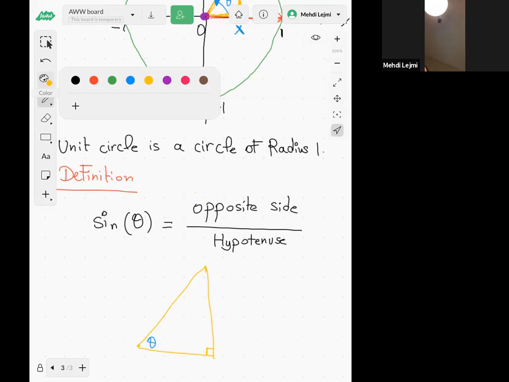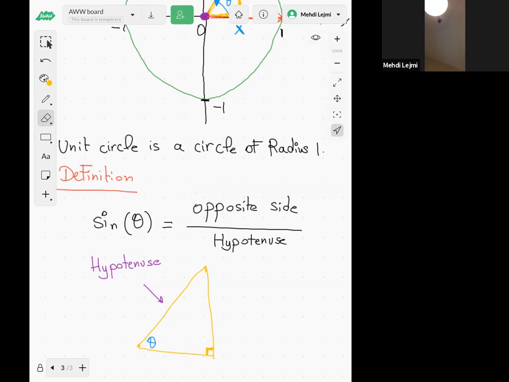This side here is the hypotenuse, the side opposite to the right angle, the 90 degrees. That's what I call the hypotenuse.